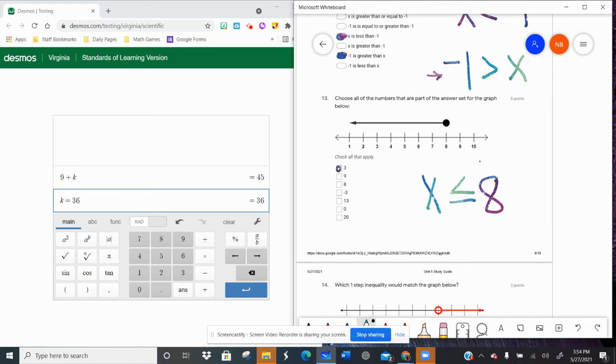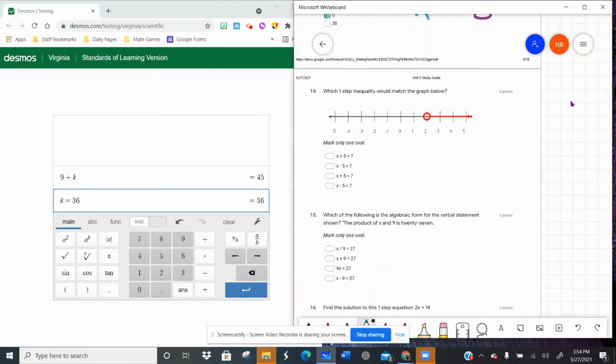All right, 3 is less than 8. 8 is equal to 8, so that would work. -3 is less. 0 is less. 9 is more, 13 is more, 20 is more, so none of those would work. They would not be going to the left of that 8 while we include the 8. So those ones. Remember, if it's an open circle, we do not include the 8. If it's a closed circle, we do include the 8.